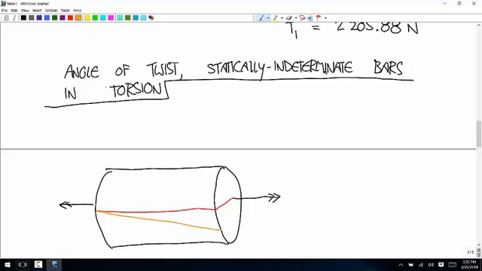That's exaggerated, but this angle here, that's the Greek letter phi, and that's what's called the angle of twist. Everybody follow what I'm talking about here? Try to draw this straighter.